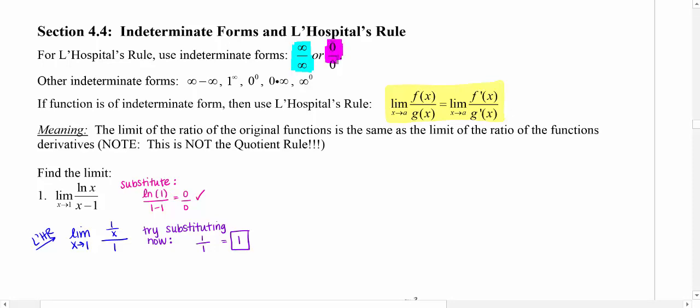And then we'll also talk about 0 over 0 for the reason I just mentioned before. There are other indeterminate forms that we will look at, but it's very important to note that for L'Hopital's rule, you need infinity over infinity or 0 over 0. And then I'll show you what L'Hopital's actual rule is in a second.